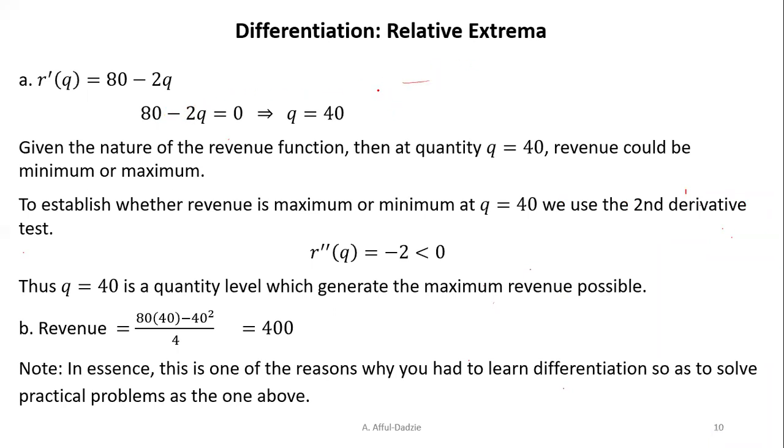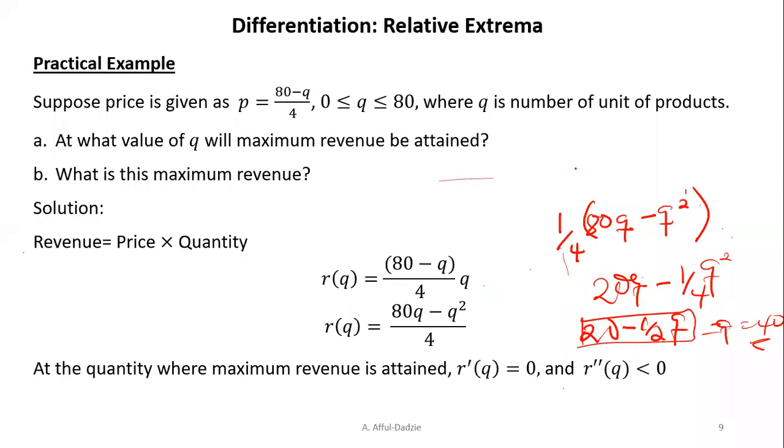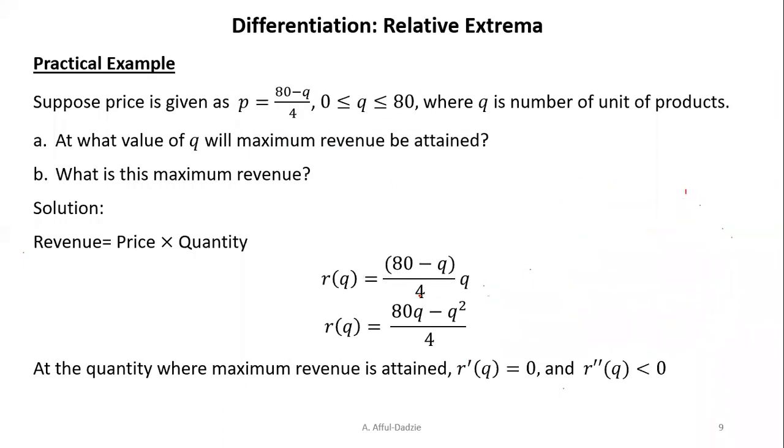For the sake of our friends who don't understand, one way of rewriting this expression, like I said, is we can spread this because the 4 is dividing all the terms here. You can write it as 80Q over 4 minus Q squared over 4.